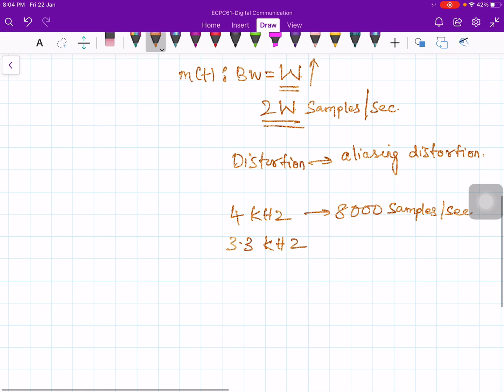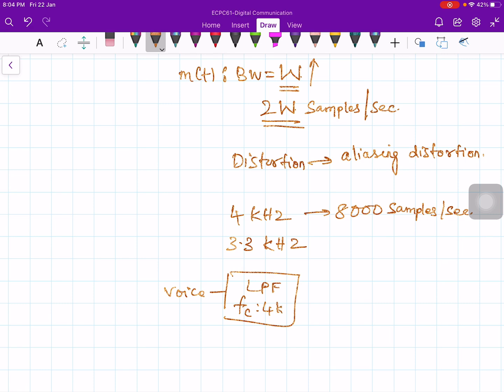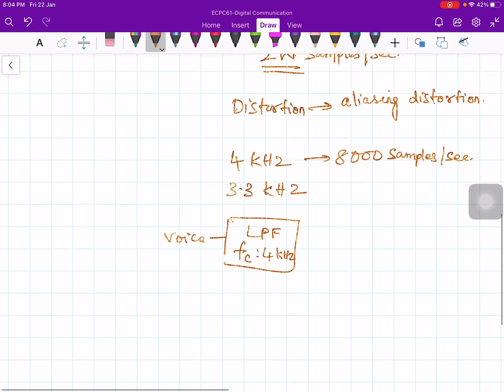But then you must make sure that the voice signal, before being sampled, is low pass filtered with a cutoff frequency of 4 kilohertz, whose bandwidth is about 4 kilohertz or less, or between 3.3 to 4 kilohertz.